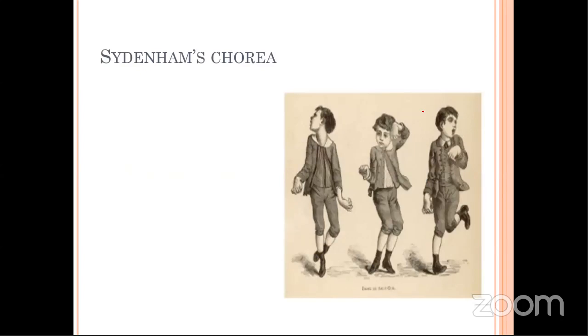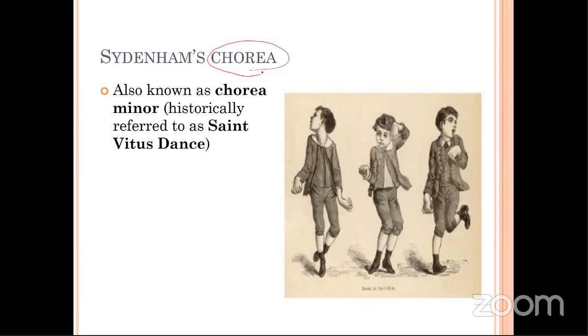Next, coming to Sydenham's chorea. Now, what does the term chorea mean? Chorea means dance. Okay, so you all know the term choreography, right? This term choreography also comes from this term chorea. So chorea means dance. It is also known as chorea minor, historically referred to as Saint Vitus's dance.